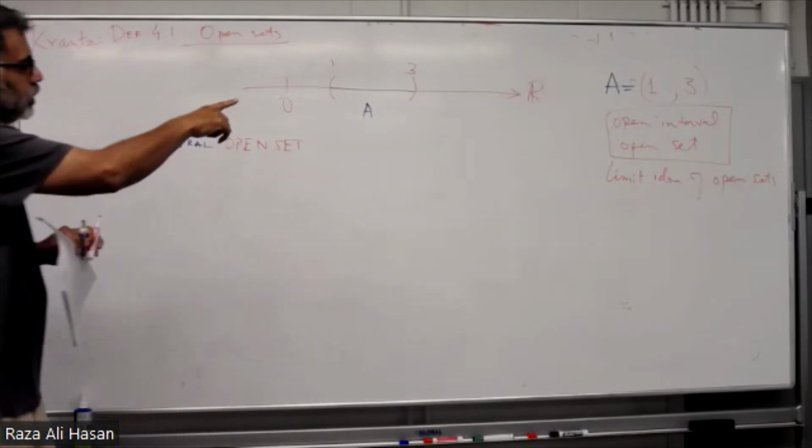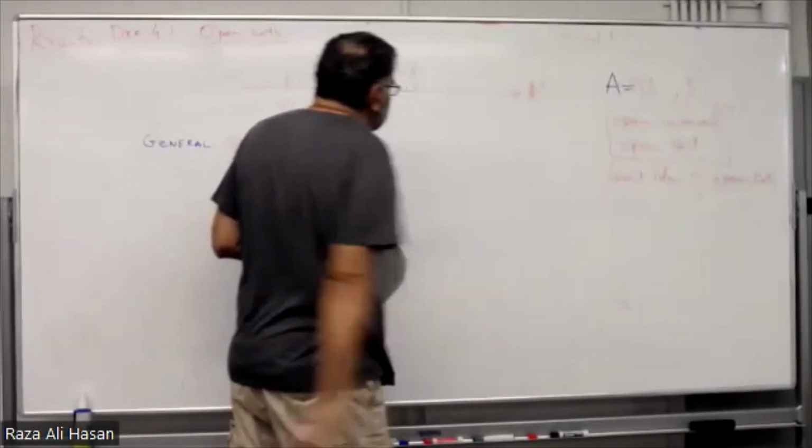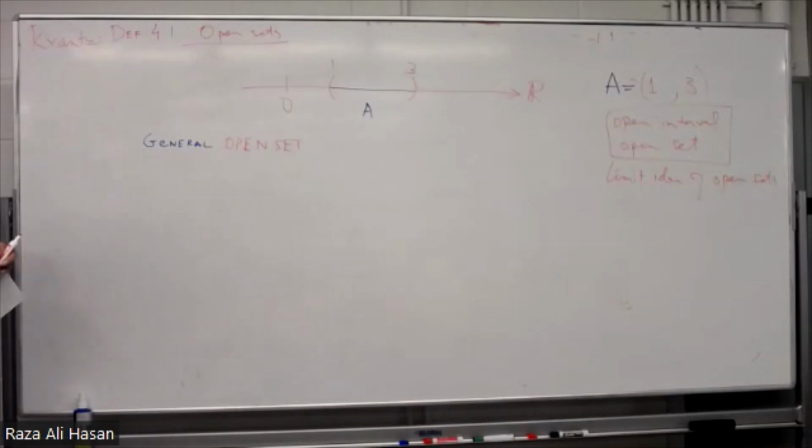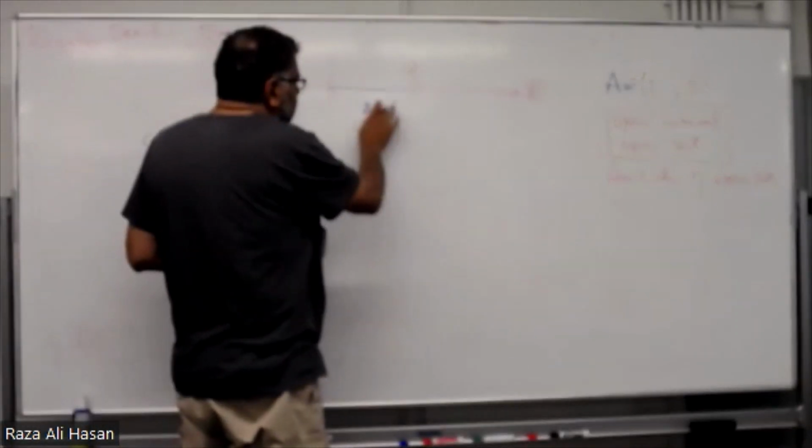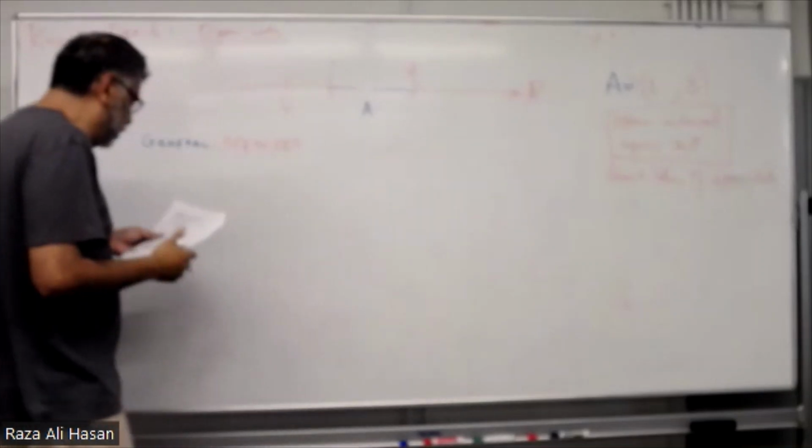And before we go on, what is this thing? This A is a subset of the real numbers, right? It's a set. It's a subset of the real numbers.